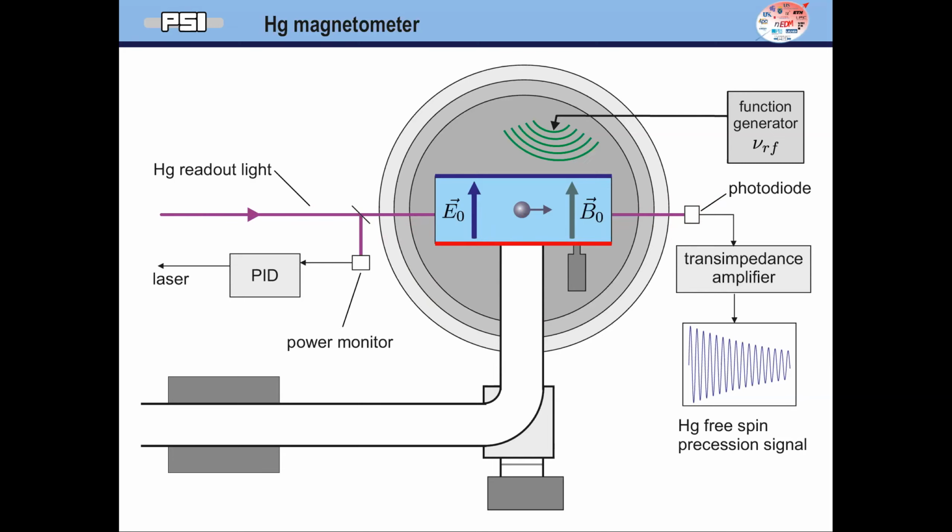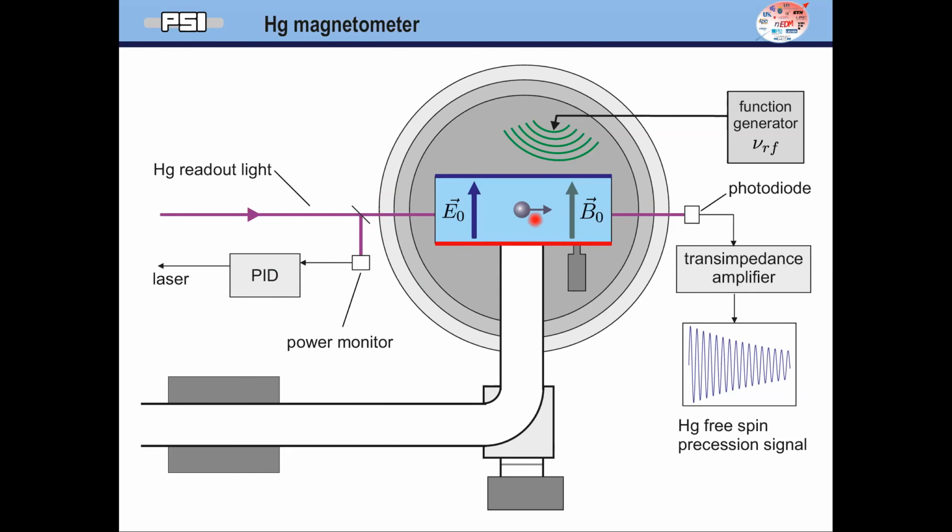We want this power to be as stable as possible. So we have a monitoring photodiode here that sees parts of the beam with this beam splitter. And so this, for example, is a PID controller that tells the laser if this power here deviates from the value that we want, and then it changes the power in a feedback loop, such that we have a really nice stable power going into the experiment.